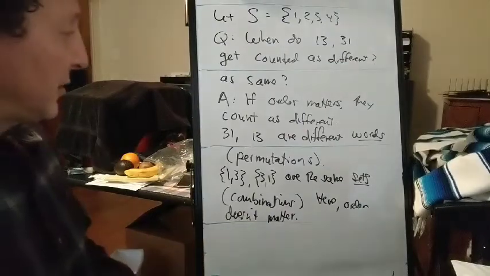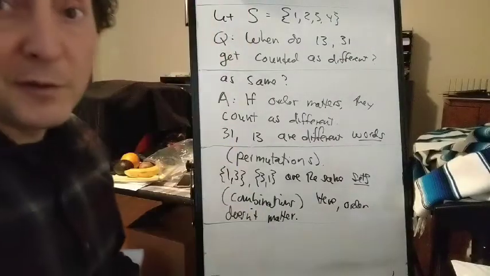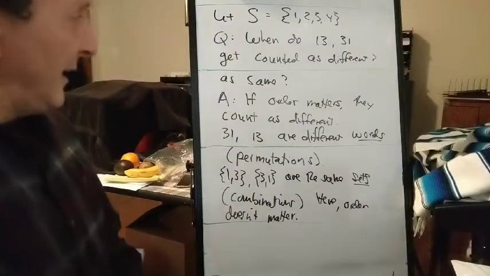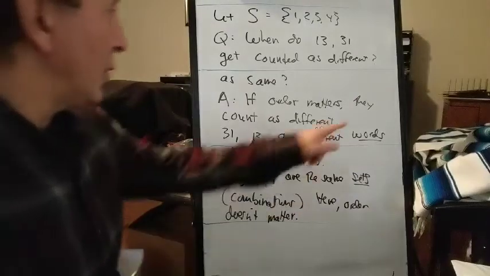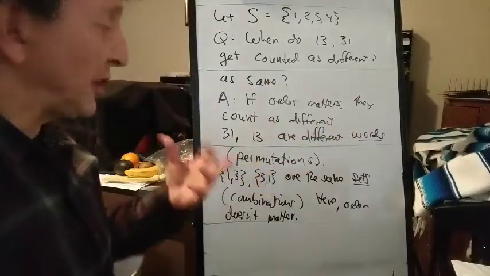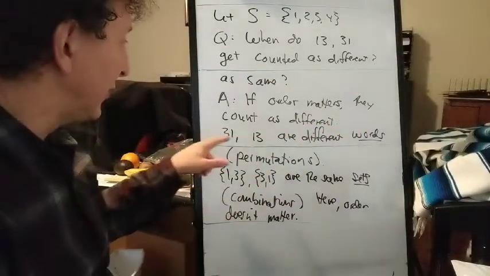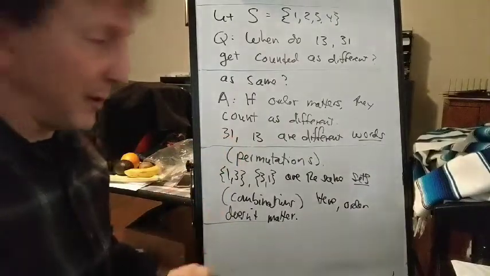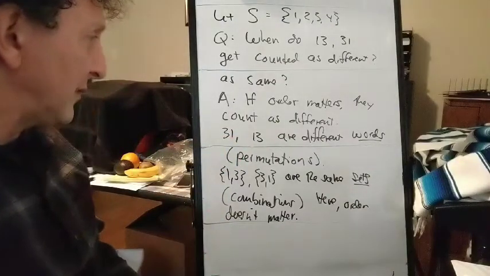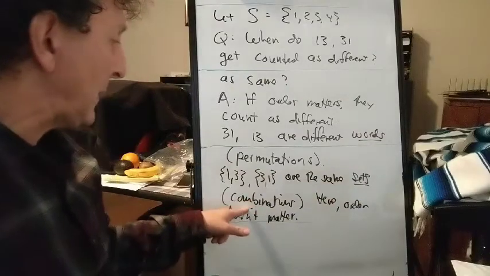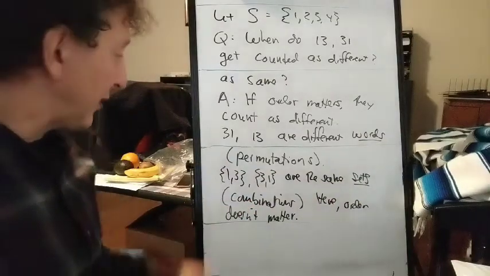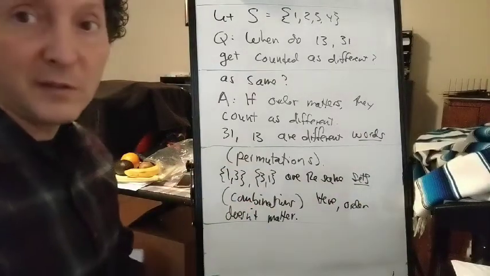So if someone's talking to us about 1 and 3 being taken from the set 1, 2, 3, 4, they would have to use terms like word or permutation to let us know that they're thinking of 1, 3 and 3, 1 as different. And they would have to use words like set or combination to let us know that they're thinking of 1, 3 and 3, 1 as the same thing.